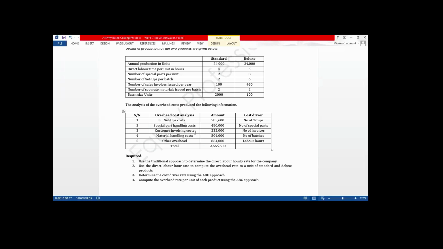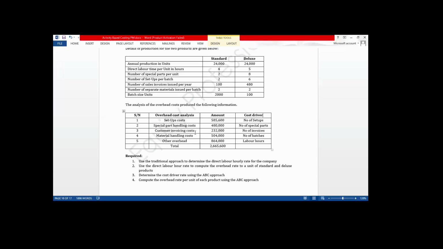The cost driver is number of invoices. Material handling cost, 504,000. The cost driver is number of batches. Other overhead costs, you need to adjust this.